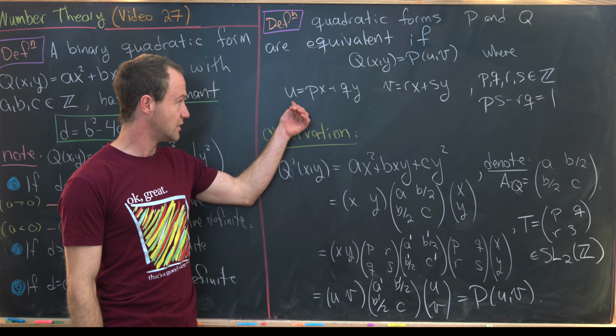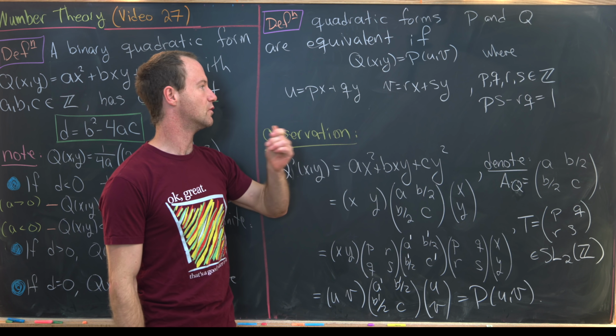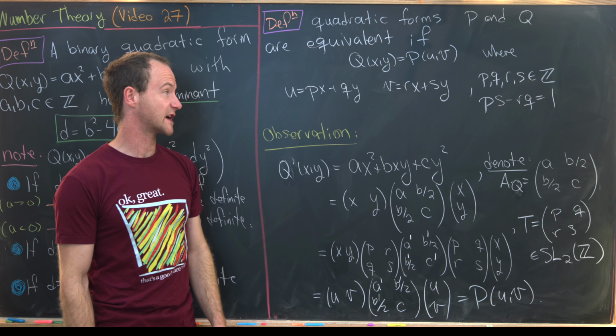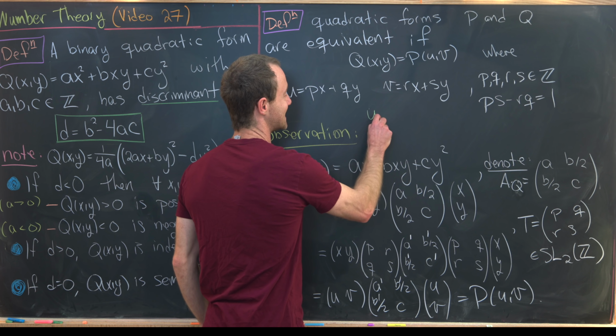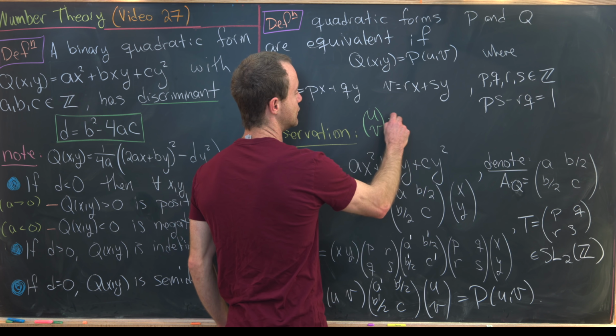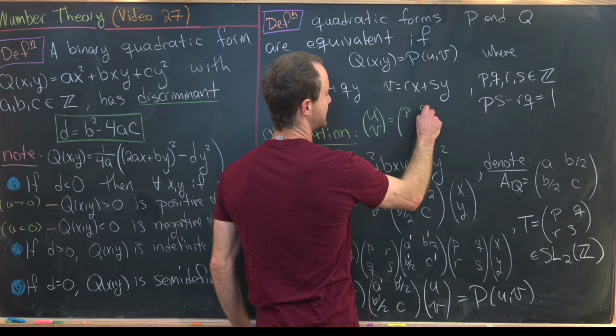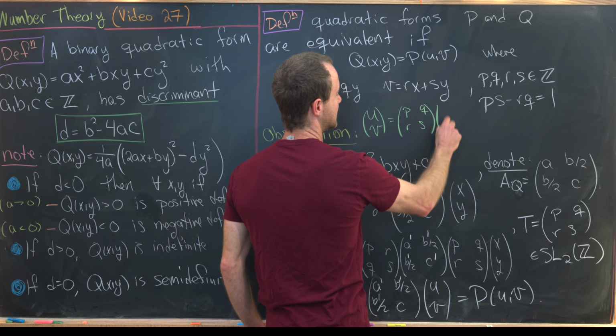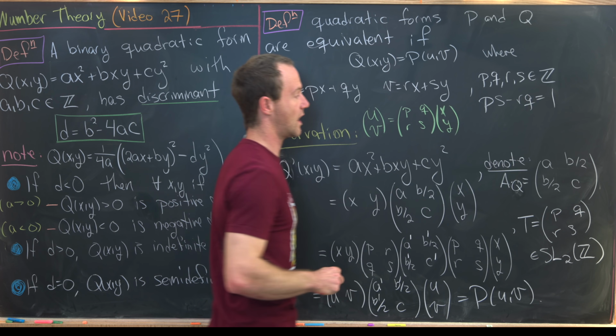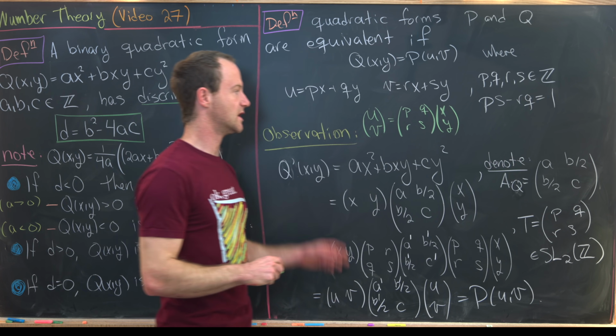Here we'll have u equal to px plus qy, and v equal to rx plus sy. Notice that as a vector, we have (u,v) equal to the matrix (p q; r s) times the vector (x,y). That's an important thing to notice.